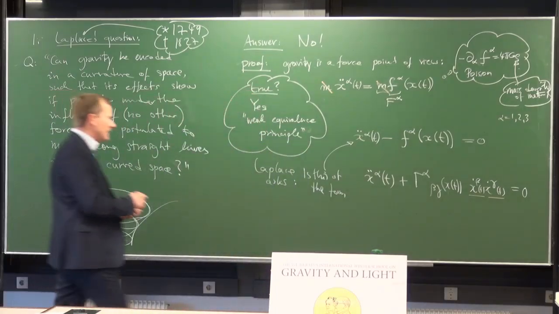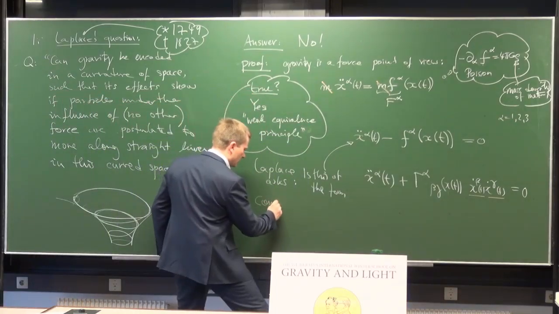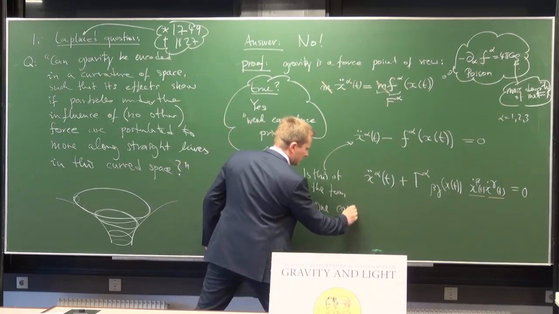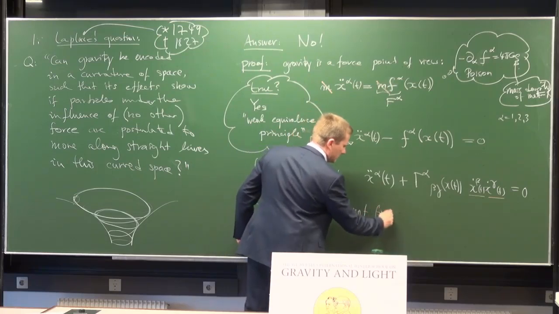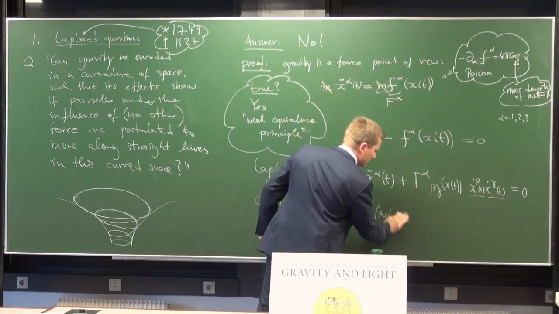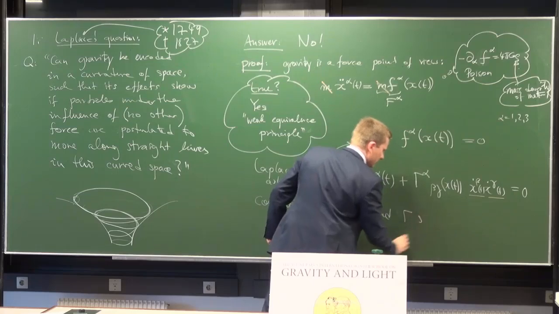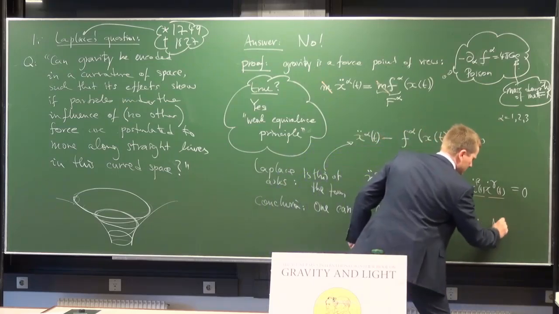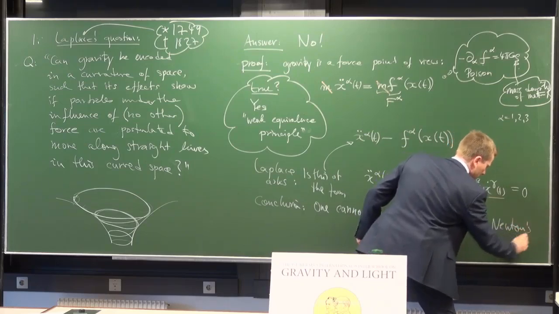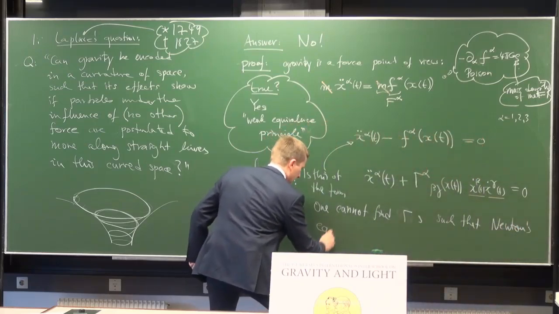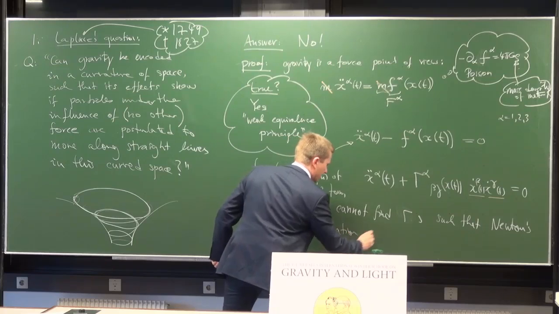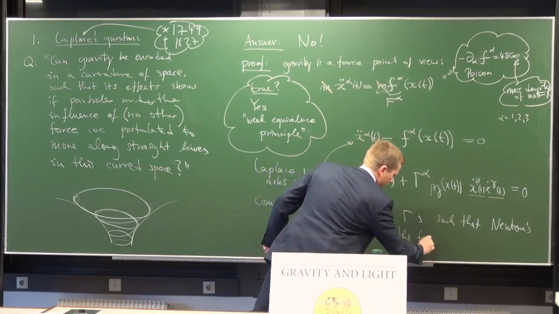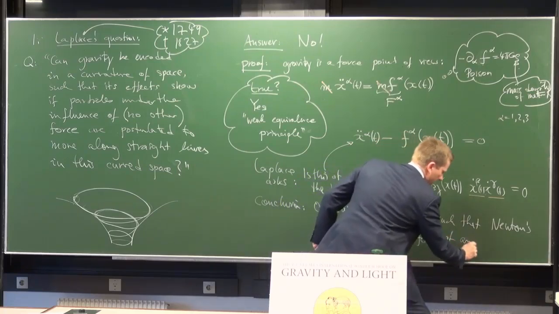That means one cannot choose... so, conclusion: one cannot find gammas such that Newton's equation for this case of the gravitational force takes the form of an autoparallel.